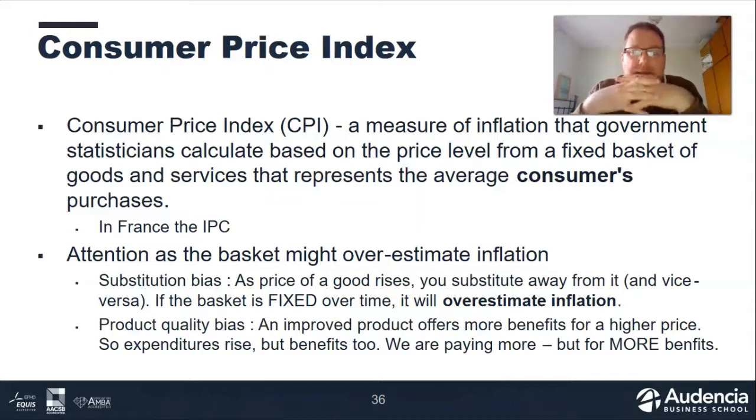The second is a product quality bias. Now, what happens over time is that prices rise, and we've seen this already. But we can also note that over time, the quality of goods goes up.